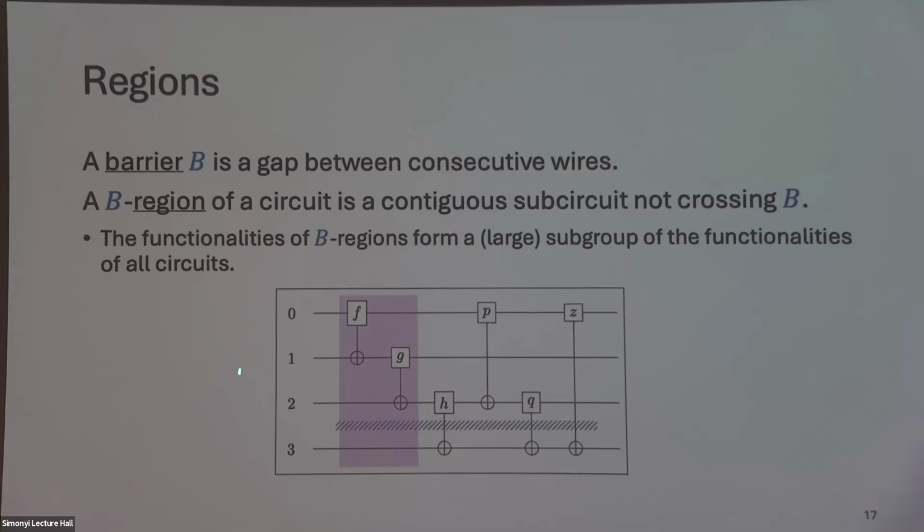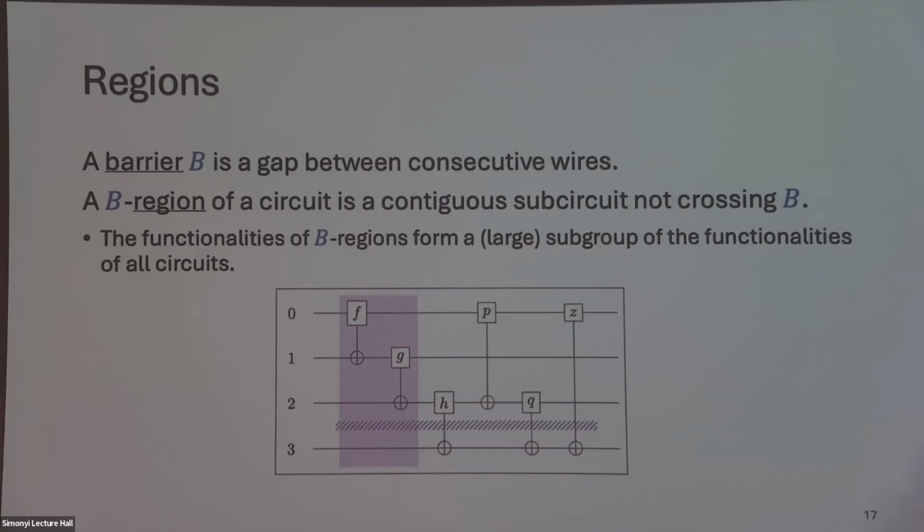And ultimately, the reason why we care about this barrier and region view is that the functionalities of regions form a very large subgroup of the functionalities of all circuits, or of the group of upper triangular matrices. So when we're designing a Coset complex, the subgroups that are used in the Coset complex correspond to these regions, to these gates which don't cross certain barriers.